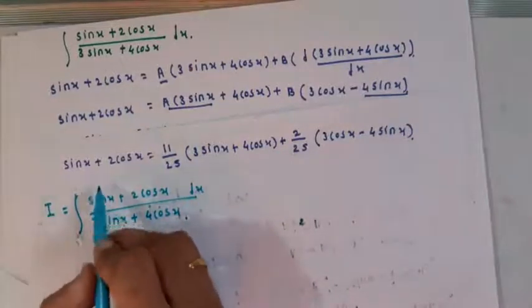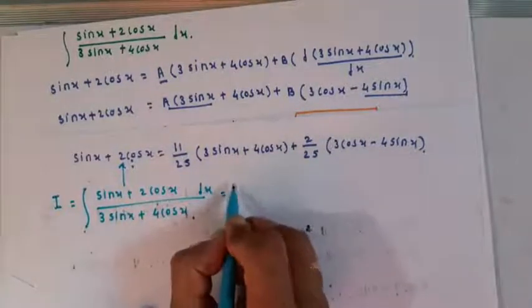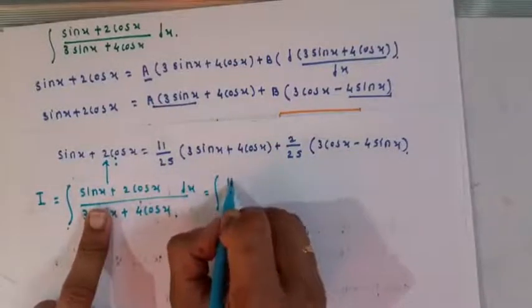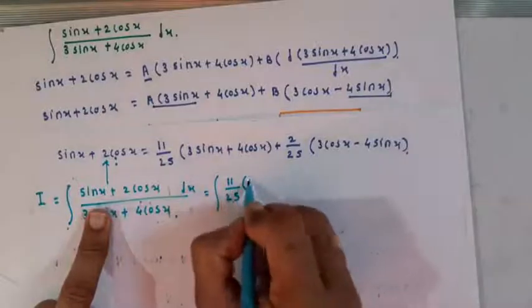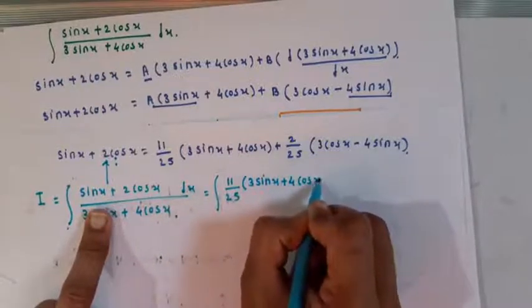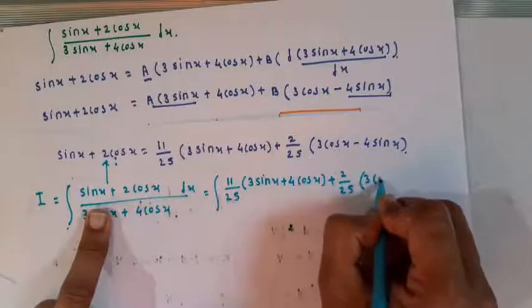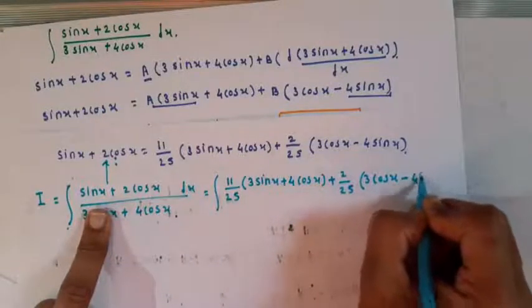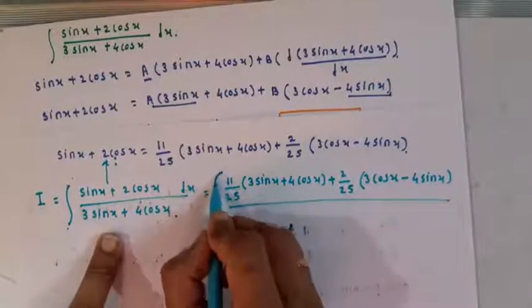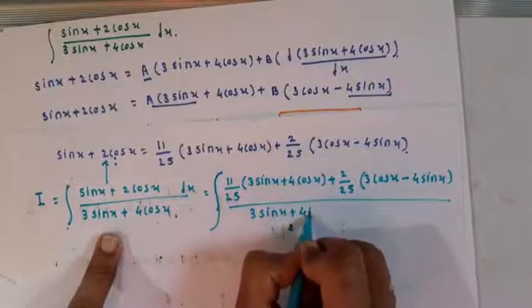Here we can express the numerator in this way: sin x plus 2 cos x equals 11 upon 25 into 3 sin x plus 4 cos x plus 2 upon 25 into 3 cos x minus 4 sin x, upon the same denominator, 3 sin x plus 4 cos x.